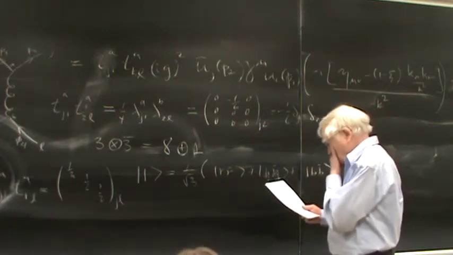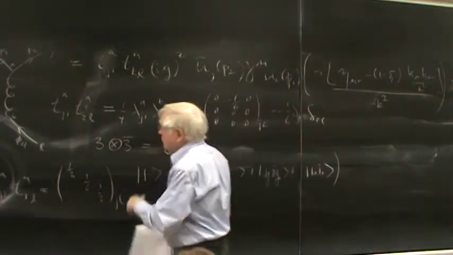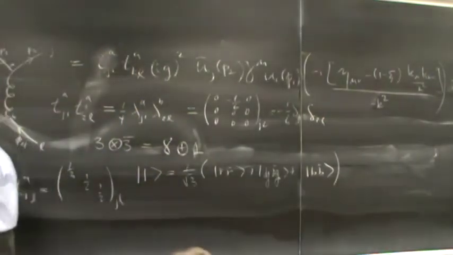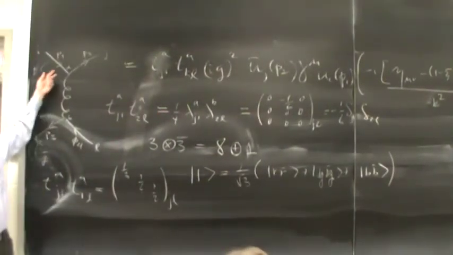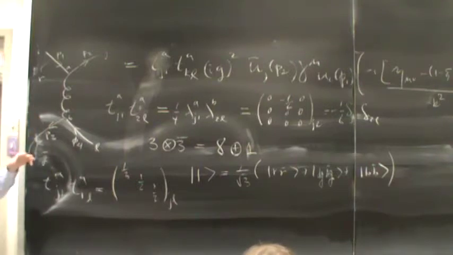Anyway, if you compute what the effective potential is here, you can imagine this thing looks just like QED apart from all the color stuff. So just as QED gives you a Coulomb potential, this is also going to give you a Coulomb potential to lowest order, but it's going to give you some color factors.